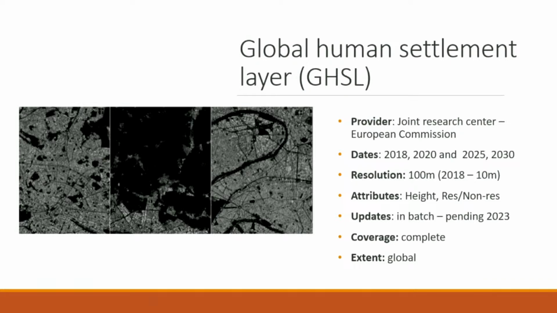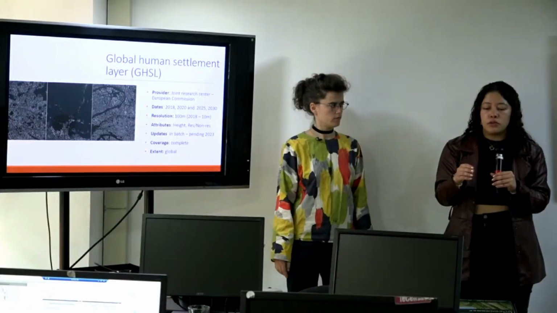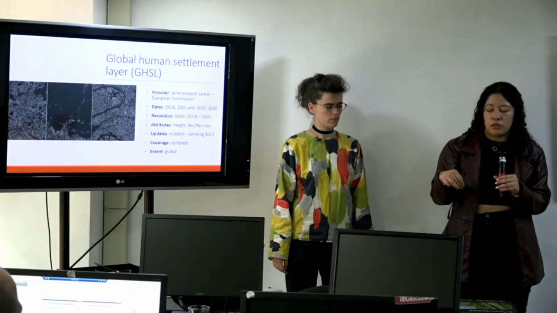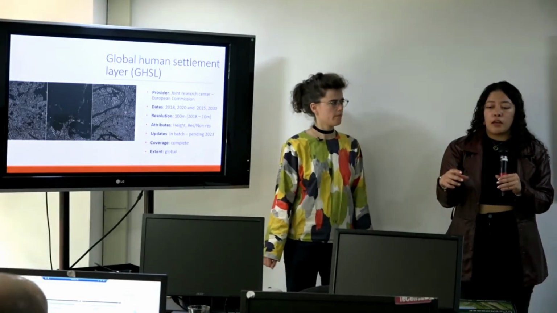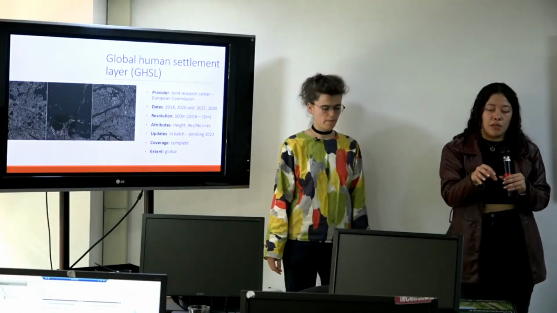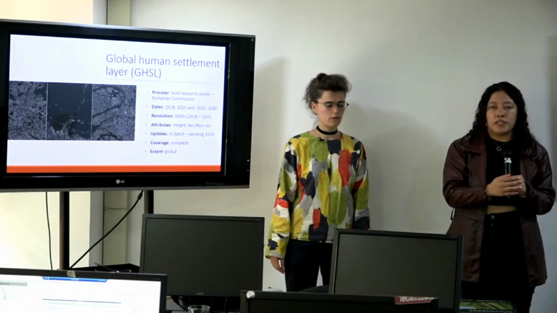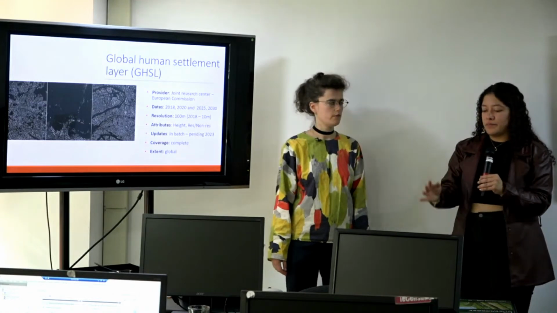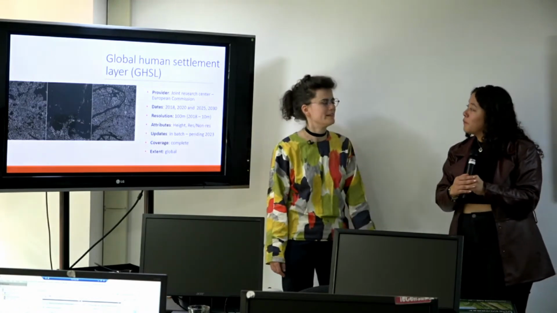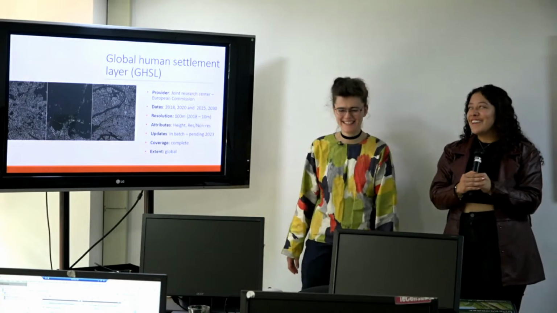For 2018, they have a 10-meter resolution, a 10-meter grid, and this means that you really have a fine understanding of the buildings on the ground, which is more informative.